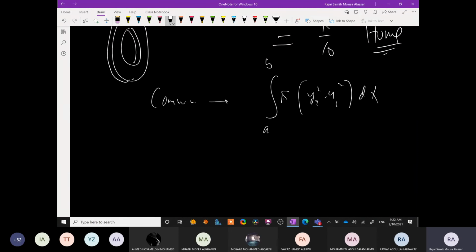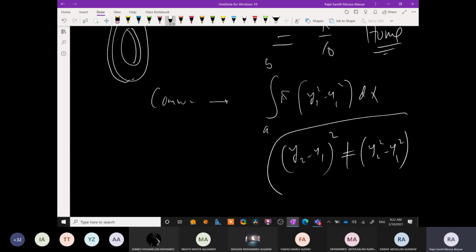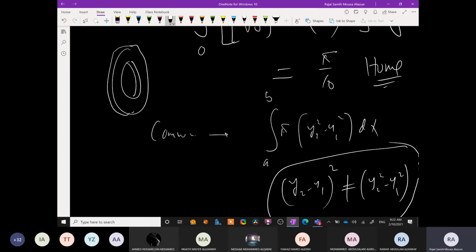Now, if you look here, some people do this. You see, it's y2 minus y1 squared. This is not the same as y2 squared minus y1 squared. Do you understand this? Yes. You must not at any given time just subtract the r's, which is r2 minus r1, and then square it times the thickness.